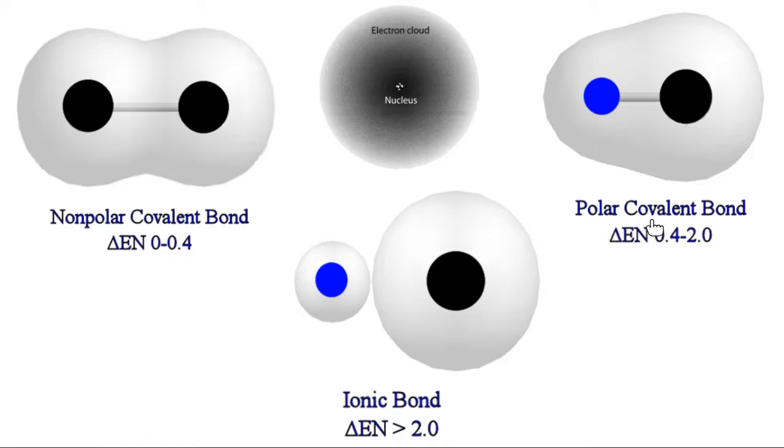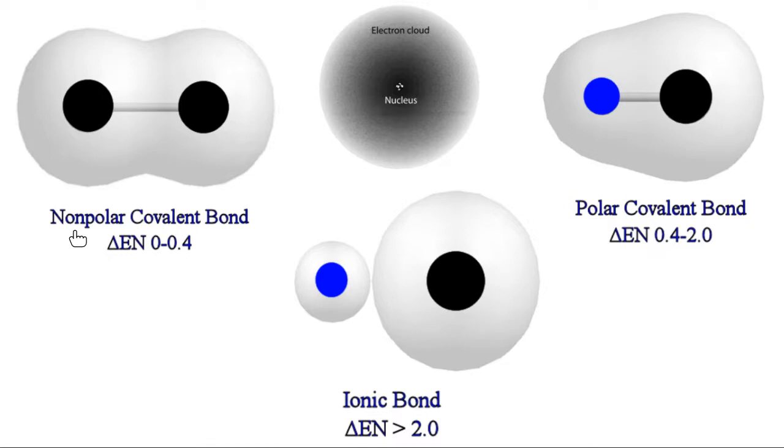Remember, in polar covalent, we don't share equally. We're still sharing, but somebody has a higher electronegativity than somebody else and gets the electrons a little bit more. If our electronegativities are pretty close to the same, a small difference, we're going to share electrons equally.